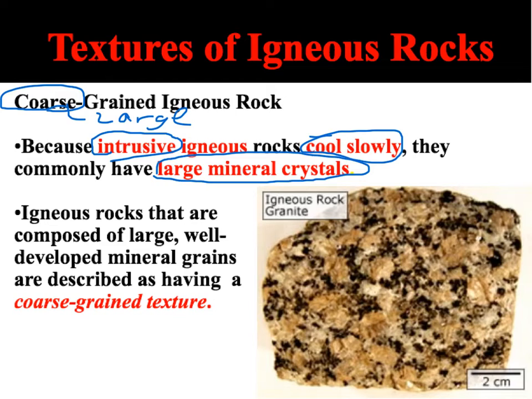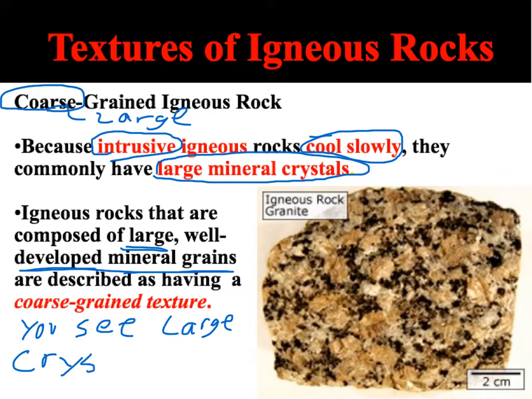So rocks that have large, well-developed mineral grains, like granite, you see large crystals inside the coarse-grained rocks. Those we know are intrusive and they cooled slowly.